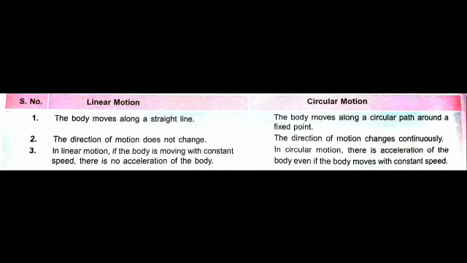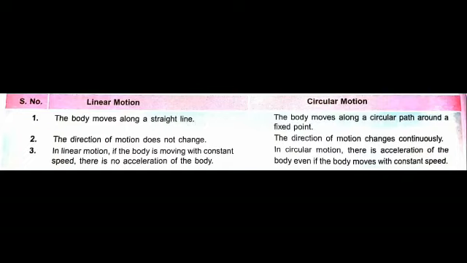Here first, we have the difference between linear motion and circular motion. For linear motion, the body moves along a straight line, whereas in case of circular motion, the body moves along a circular path around a fixed point.